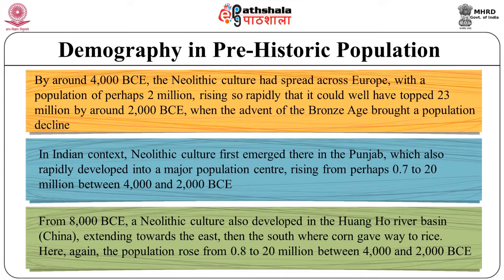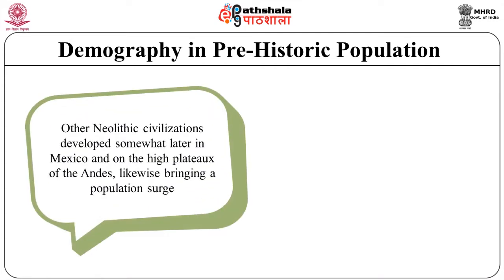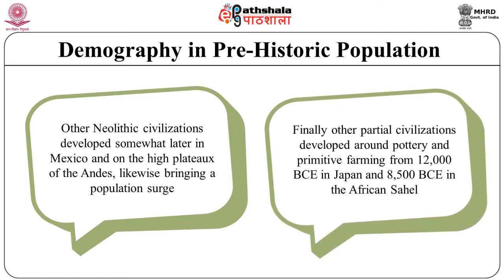Here again, the population rose from 0.8 to 20 million between 4000 and 2000 BCE. Other Neolithic civilizations developed somewhat later in Mexico and on the higher plateaus of the Andes, likewise bringing a population surge.